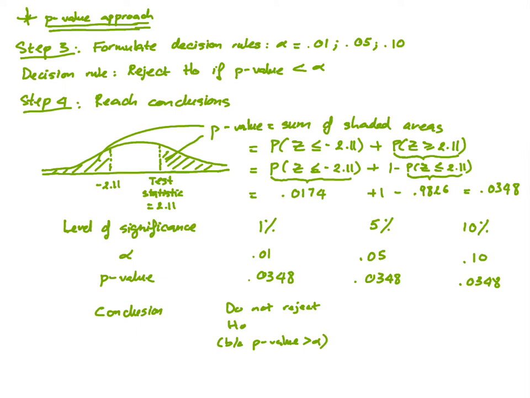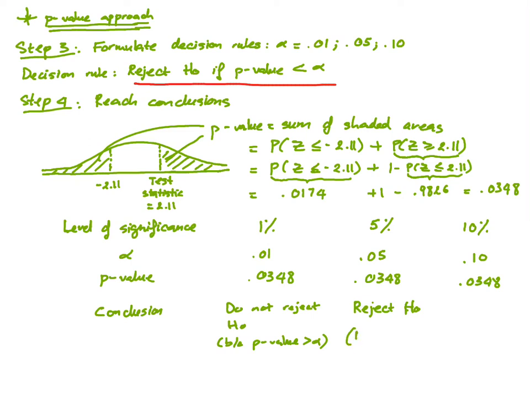Now at the 5% level of significance, our p-value is 0.03, alpha is 0.05, so obviously the p-value is less than alpha. So based on our decision rule, our conclusion is that we reject the null at 5% level of significance.